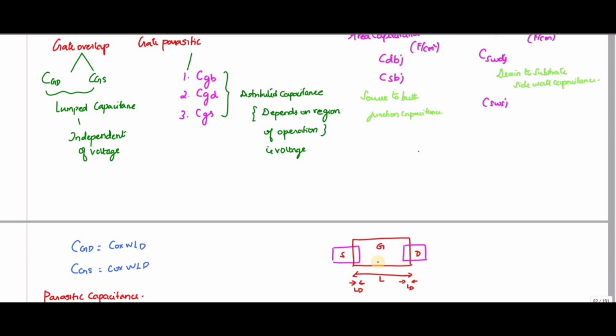Okay, this one is LD and this one is also LD. So I can write CGD is equal to Cox W LD, and this CGS I can write as Cox W LD, where Cox is nothing but epsilon_ox divided by Tox.